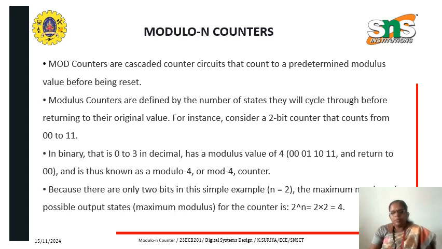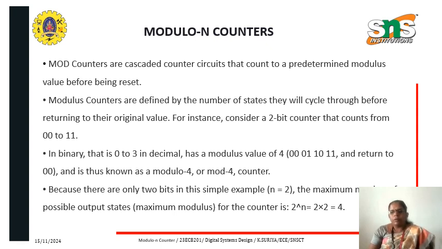In binary, that is 0 to 3 in decimal, has a modulus value of 4, which is 00, 01, 10, 11 and return to 00, and is thus known as a modulo 4 or mod 4 counter. It's also worth noting that it took 4 clock pulses to get from 00 to 11.